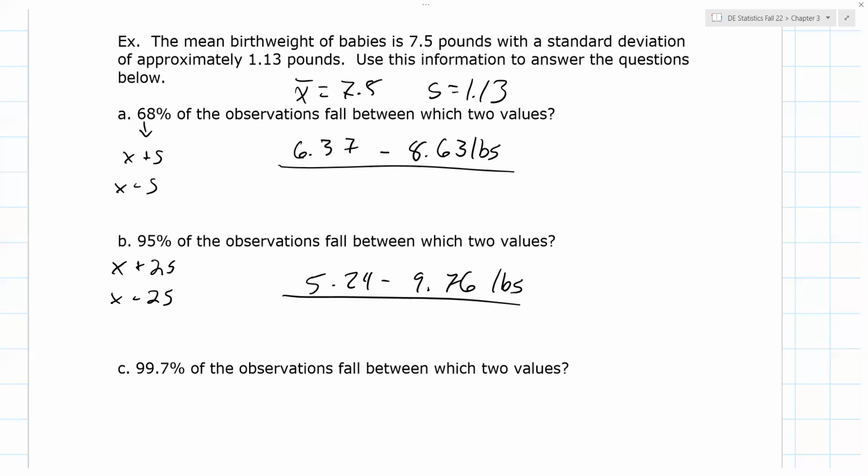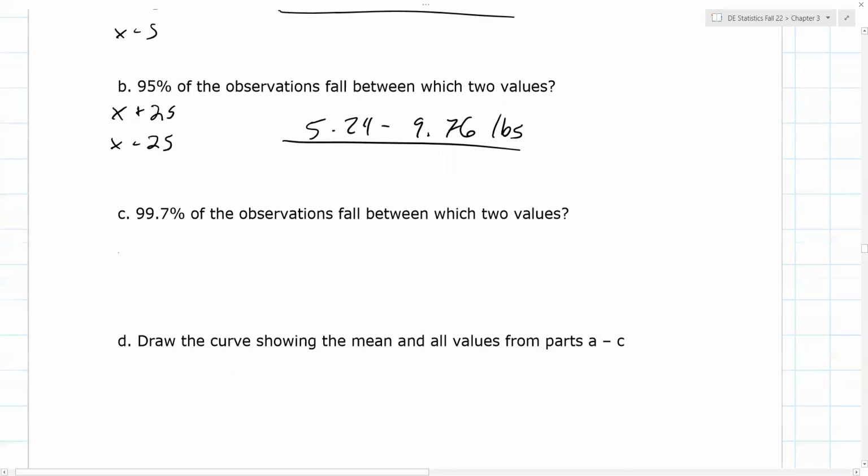And then for part C, the same pattern exists. However, this time I am multiplying my standard deviation by 3 before I add and subtract it from my average. That gives me 4.11 and 10.89 pounds.